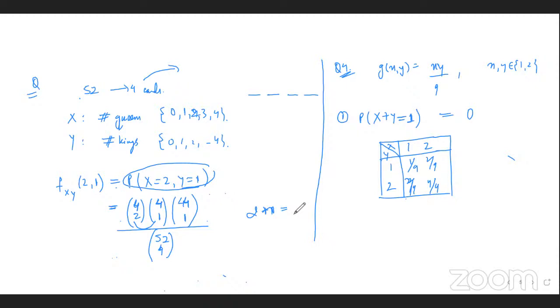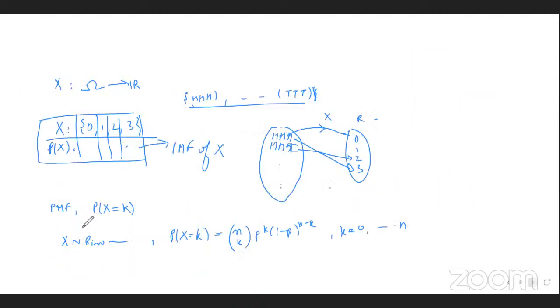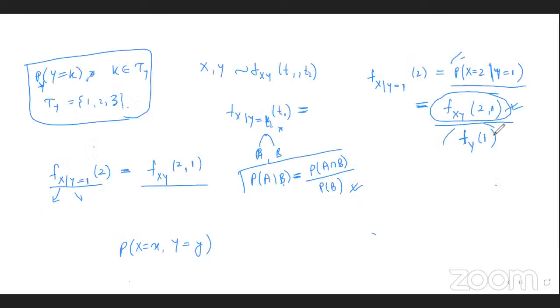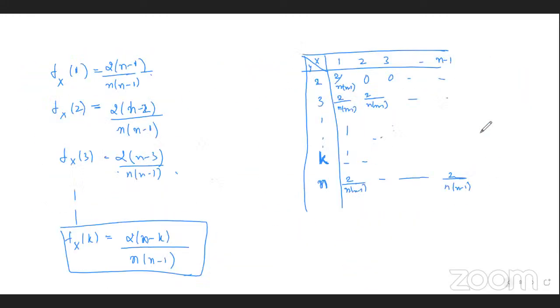Now you have to divide this by f y of 1, right? If you see, it is f y of 1 that you have to find.